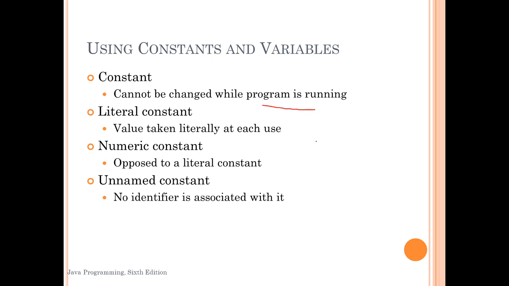Let's say, for instance, in your assignment, you will add, and you will perform different operations such as addition, subtraction, multiplication, and of course, division. Now, how can you add two numbers without having a constant value?